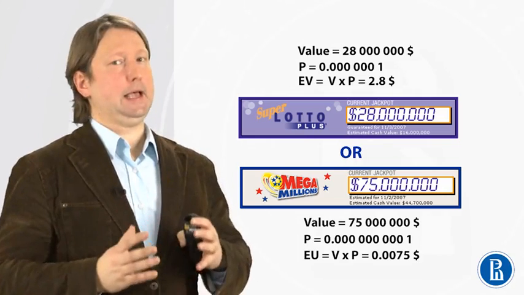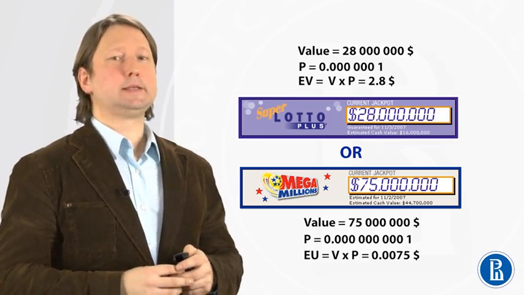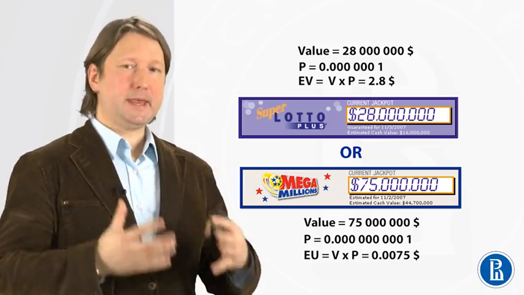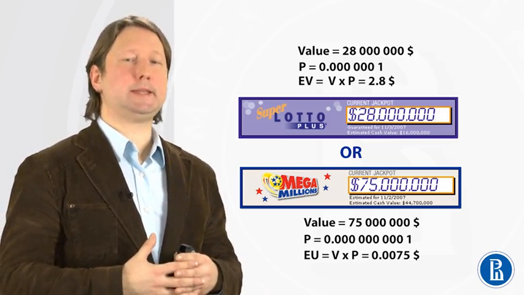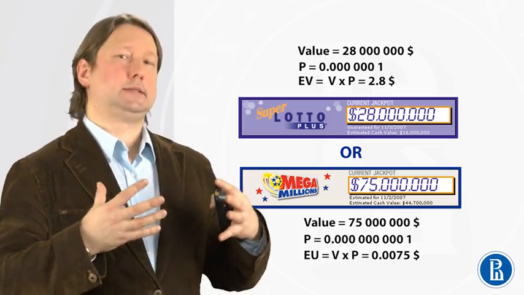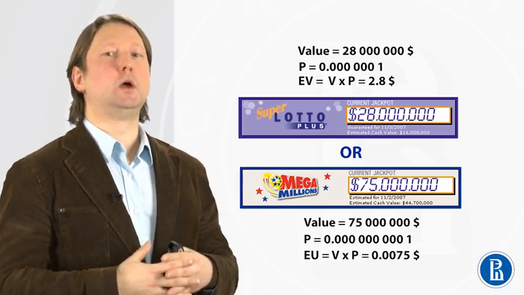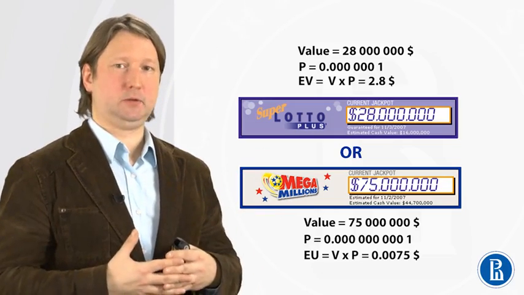So a very rational person will select the first lottery. This example illustrates that when we make a decision, we not just pay attention to the possible outcome in terms of its value, but we also integrate this value with the probability of this outcome.